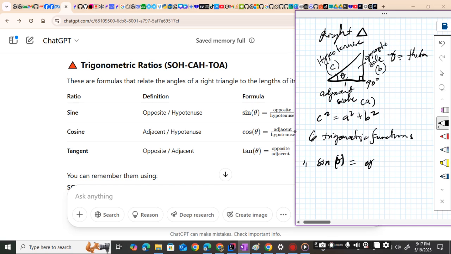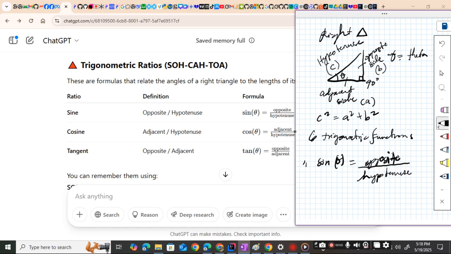As you can see, sine theta is opposite over hypotenuse.